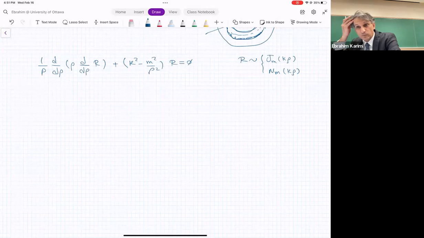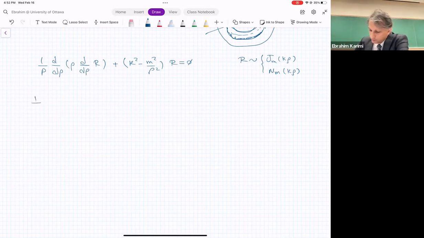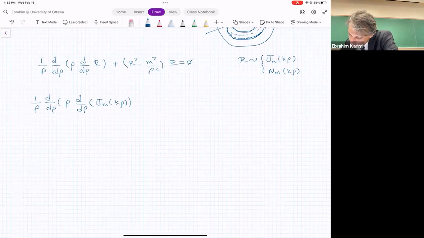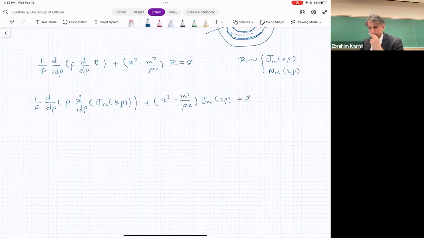Is that clear? This is what we started with. So essentially 1 divided by rho d rho of rho d rho of Jm of k rho, plus k squared minus m squared divided by rho squared of Jm of k rho, is equal to 0. Good? Okay.